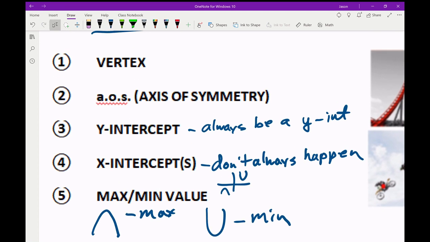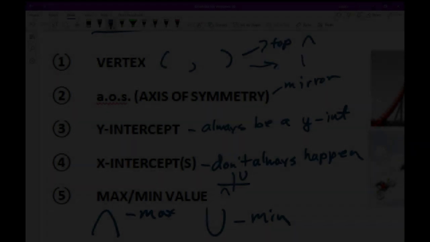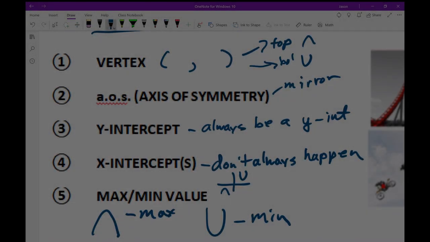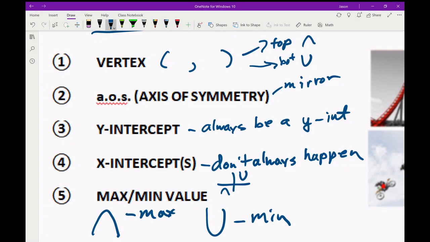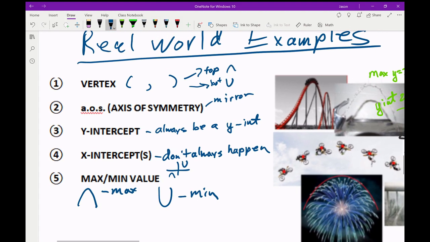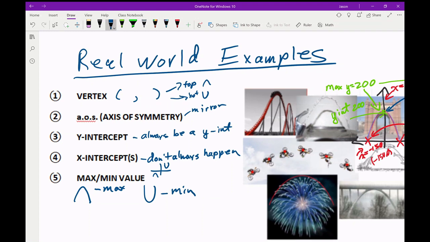The axis of symmetry is always the mirror. And remember, our vertex is always a point, at the top or the bottom of the graph. And that's it. I'll make sure that you have a copy of this note online.